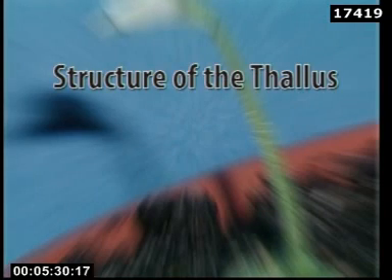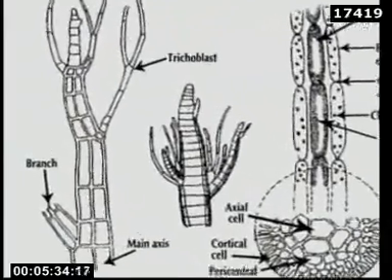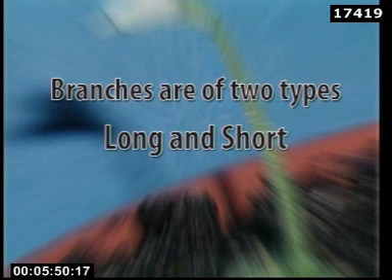Now, structure of the thallus. The upright portion of the thallus is composed of branched filaments which branch and rebranch several times, giving the thallus a feathery appearance. The branching is usually lateral and the branches are of two types, long and short.